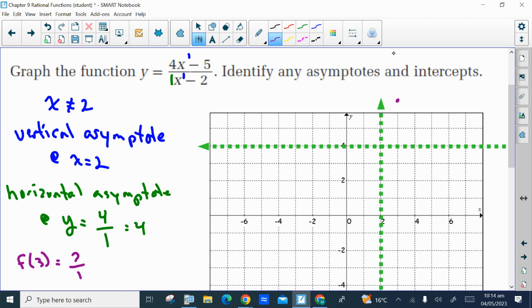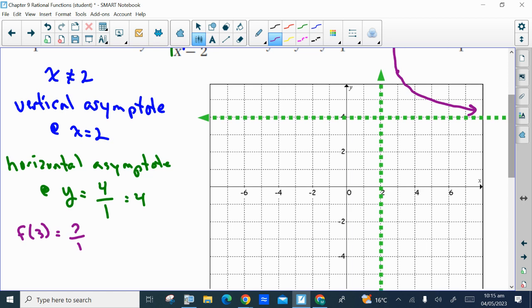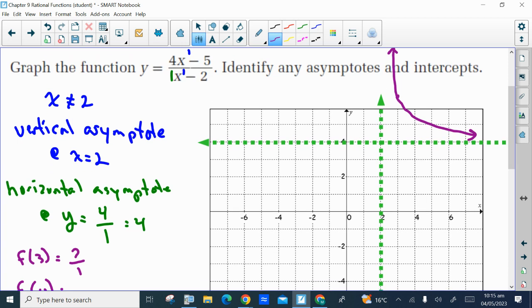Again, what this does is it confirms that we're going to have an arm or a branch in that top right-hand quadrant. And then the other branch will be in that lower left, which we could confirm by finding the value of the function when x is something less than 2. Right? Maybe we might find the y-intercept, which we already talked about before, when x is 0.